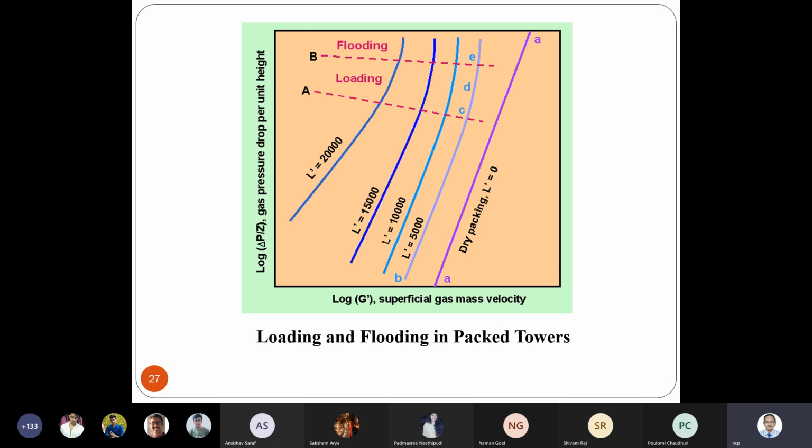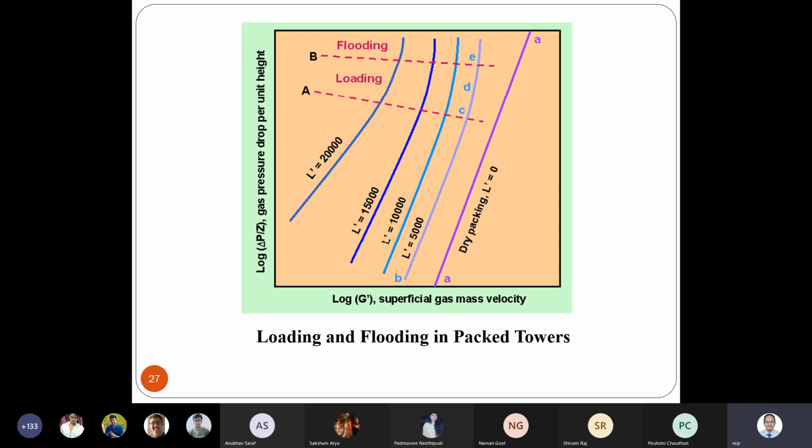Now, up to this point, for all these liquid rates, we'll see that the slope is constant. Although it increases with the liquid rate, at a particular liquid rate the slope is constant. It's almost a straight line.